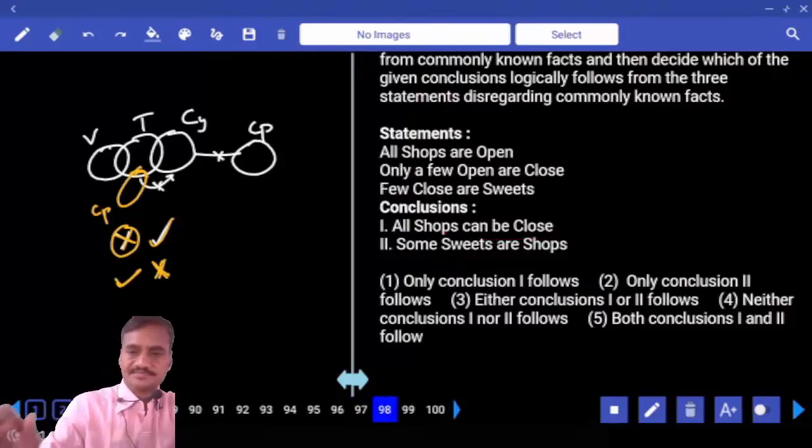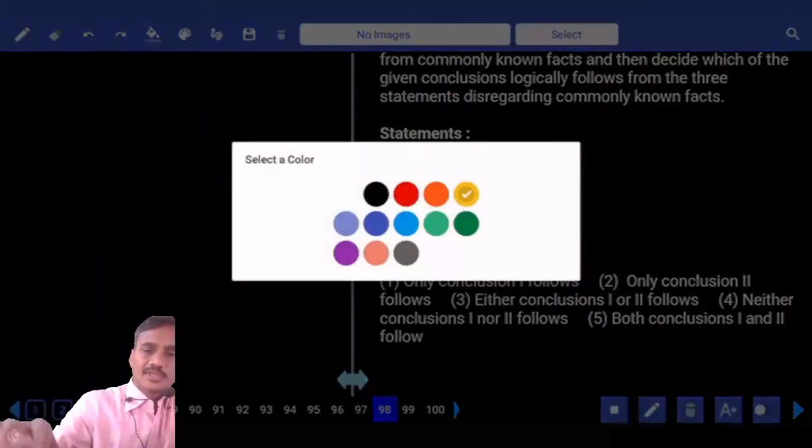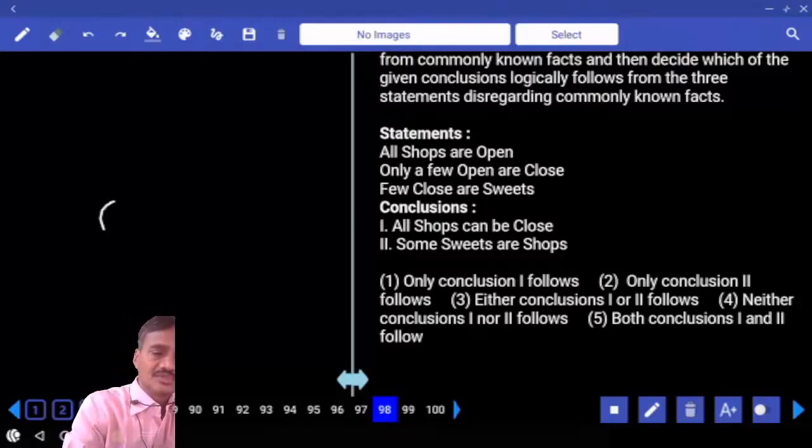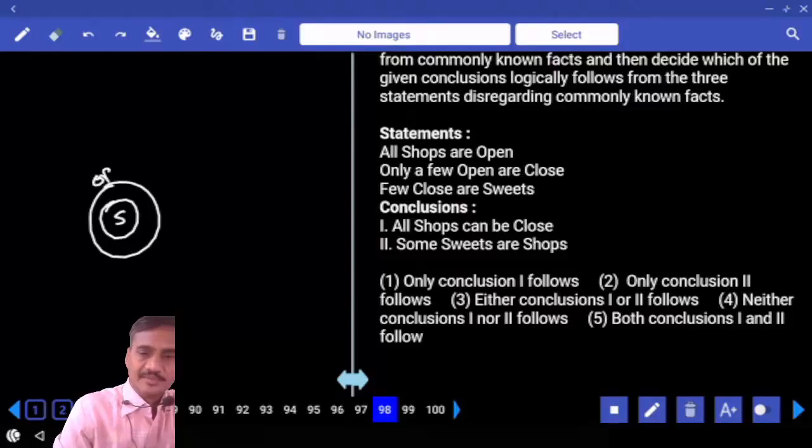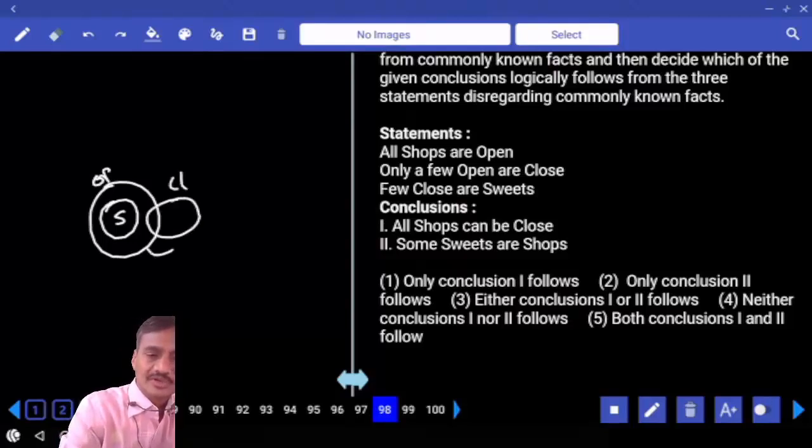Then 98. Now in this 98, all shops are open, and at the same time, only a few open are closed. Only some of the open are closed but not all.